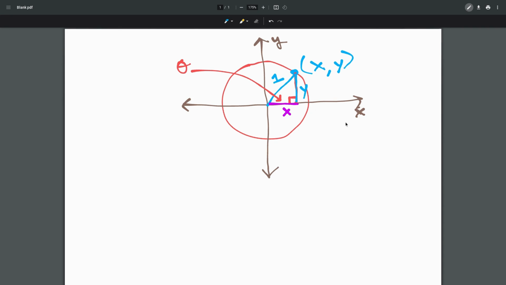So how do you figure those out? Well, what we can say is that the cosine of the angle theta equals x over the hypotenuse. Now the hypotenuse is the radius of the unit circle. It's 1 in this case. So anything over 1 is itself, so we can say that x equals the cosine of theta.